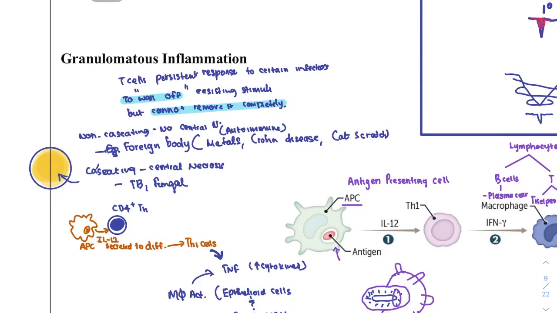This is a very specific group of diseases, such as a foreign body accumulation, such as metals. Let's take a bullet wound, for example. If you don't remove the bullet, you can get a granuloma in that area. I'll explain that a bit more later. Crohn's disease, it's an autoimmune disease, and cat scratch disease. There's more, but these are the main ones.